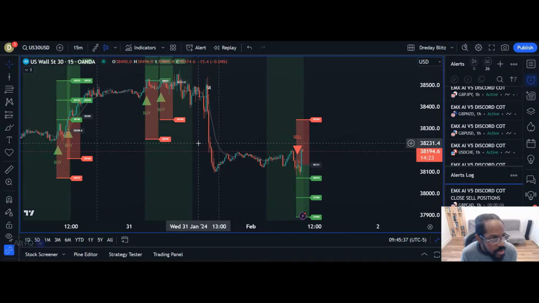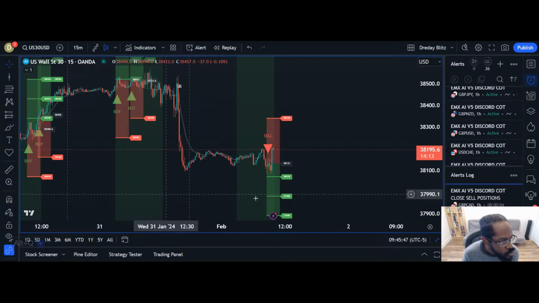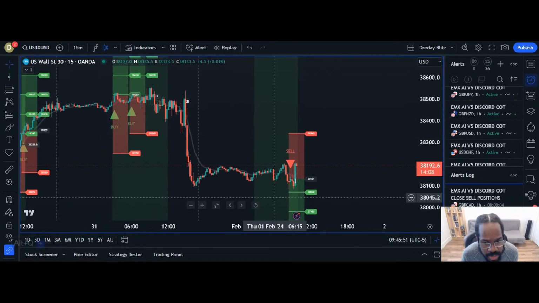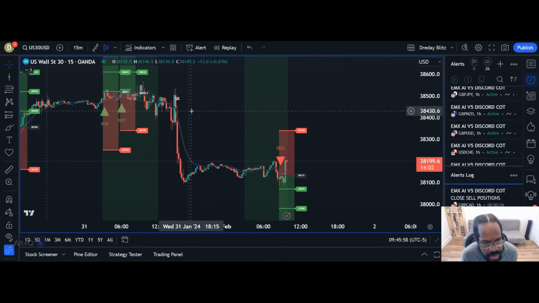We do have a fair value gap here off of the 50-minute chart. GBP CAD upcoming trend change here off of the 1 hour. So like I was saying here on US 30, we do have a big gap here. So we'll see if it wants to fill it out.